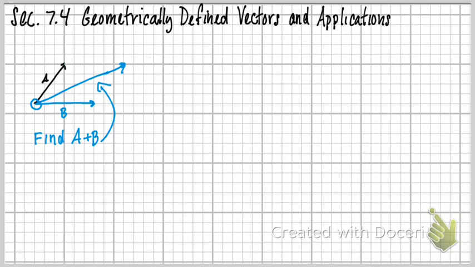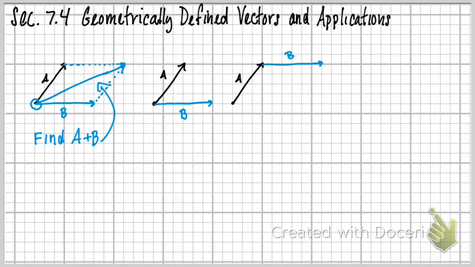Now there's also another method we can use. If I had these two vectors again, the way I could add it is simply, I would take the tail of B and place it up here, and then let the rest of the vector just go along with it. And watch what happens. So here we go.